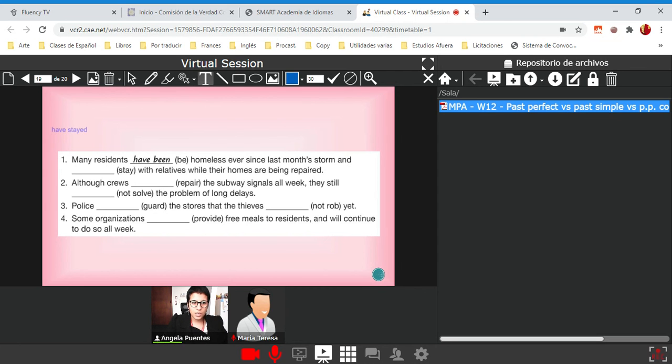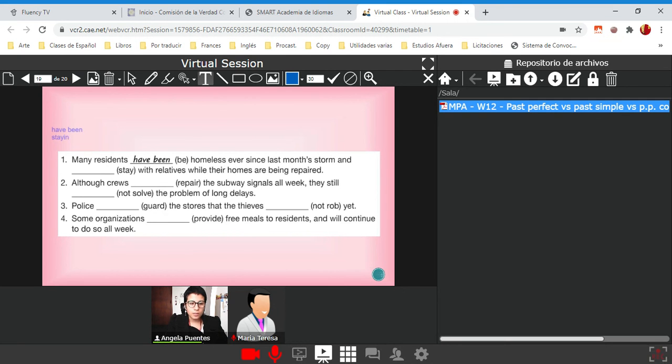In this case, it's not a state because we're not focused on the result, but on the time. ¿Listo? Desde este tiempo se han estado quedando mientras se le repara su casa. Entonces, en este caso nos estamos enfocando más en lo que va a durar la actividad, que es hasta que se repare su casa. So, have been staying. ¿Ok?